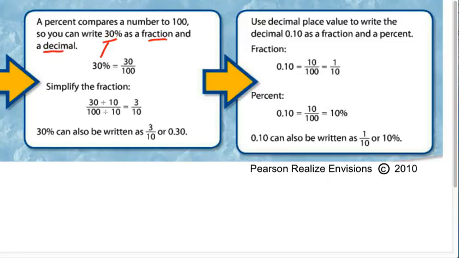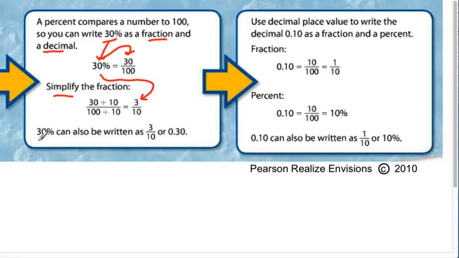And so here we have our 30%, and what they've done first is they have created a fraction. Alright, so it would be 30 over 100. Then they simplify that, and we have 30 over 100 divided by the greatest common factor of 10, which is 3, and then we have 100 divided by 10, which is 10. So as a fraction, 30% is 3/10.